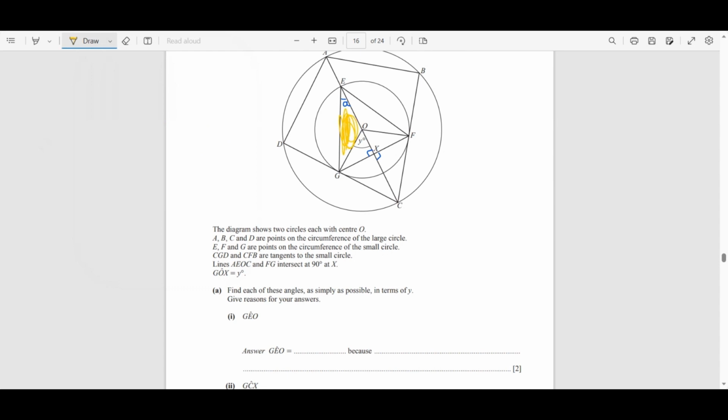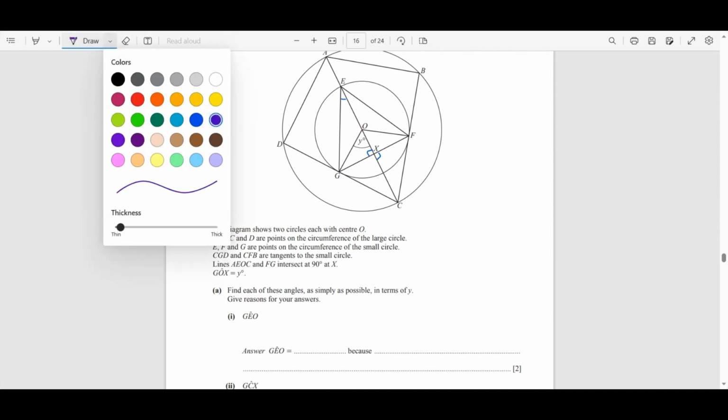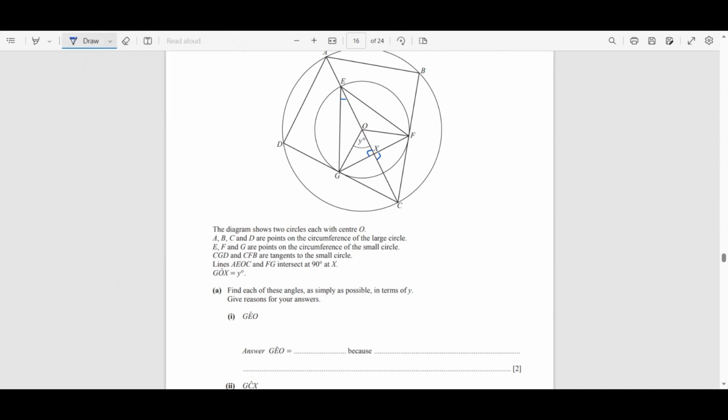So what we know about this is that OE and OG are equal because OE and OG are the two radii on the circle, right? So these two angles are going to be equal. So if this angle is, let's say, A, this angle has to be A because of an isosceles triangle's property, right?